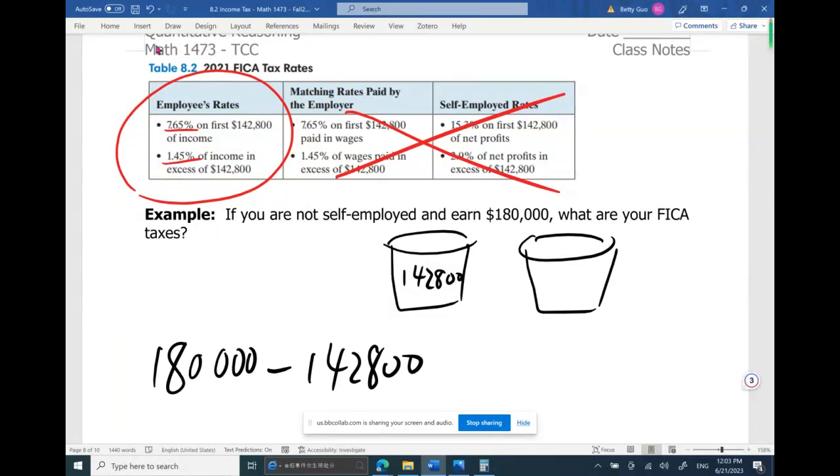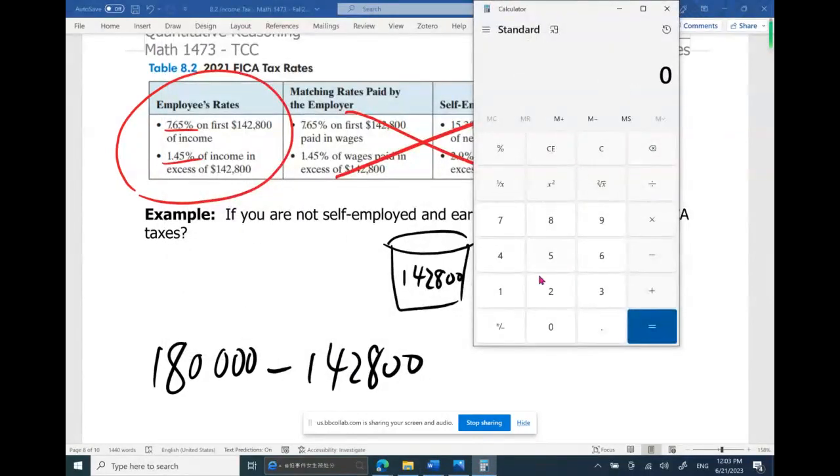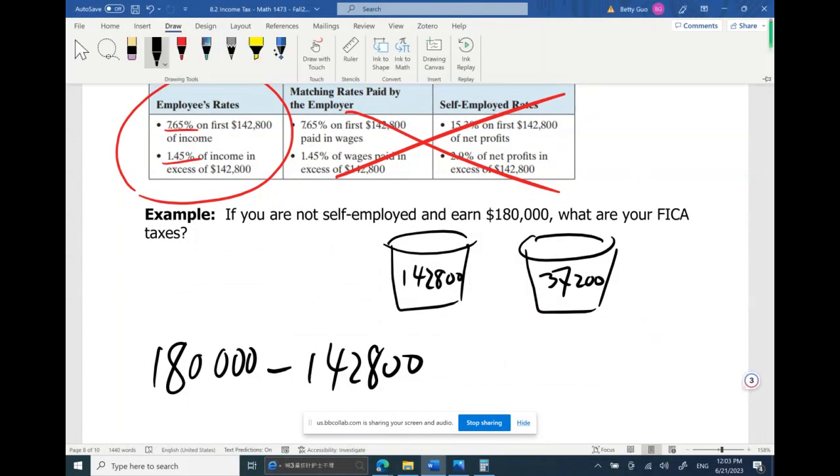Let's see, what is that? $37,200. That is the money exceeding the first $142,800. Am I clear about this or not?